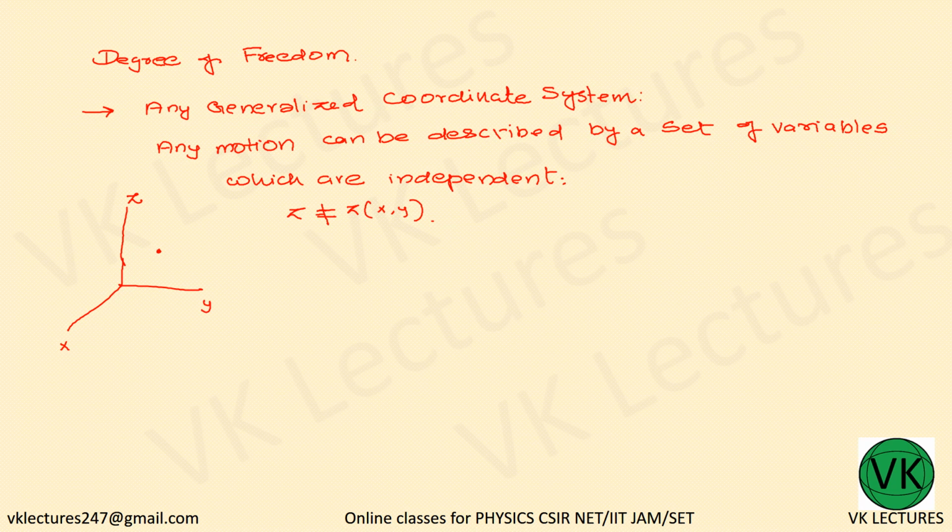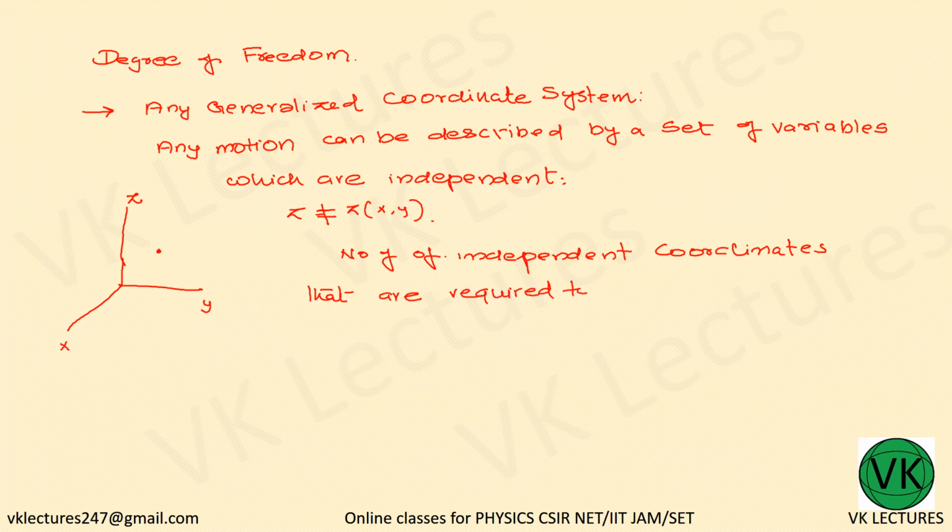So the number of independent coordinates that are required to describe the motion of a body is called the degree of freedom.